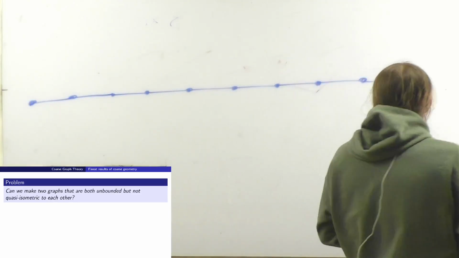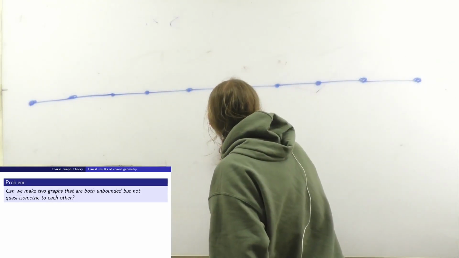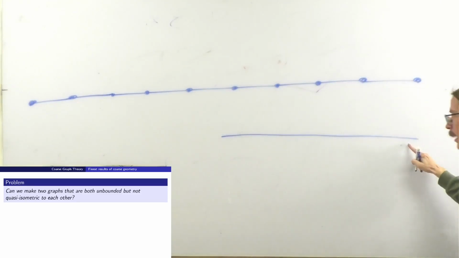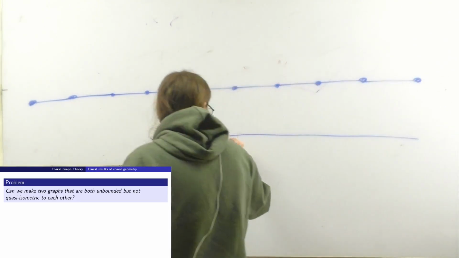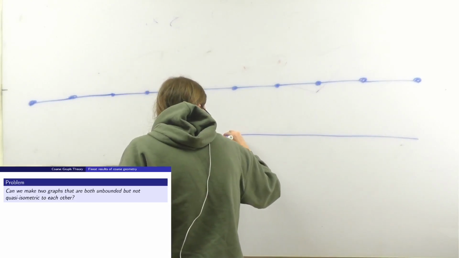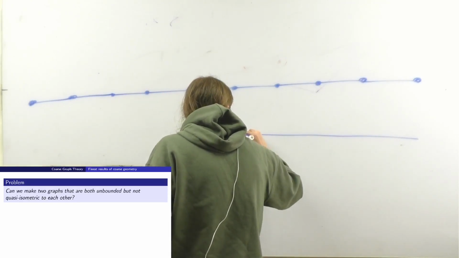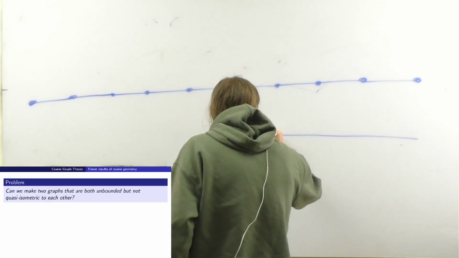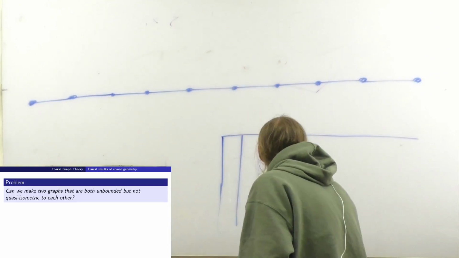Let's say instead of having an infinite path, I'm just going to draw it like this without the vertices. Why? Because we're looking at it from way far away and the vertices just shrink down and we don't care. Okay, let's start adding a whole bunch of little spokes coming off of it. And let's make these infinite as well.